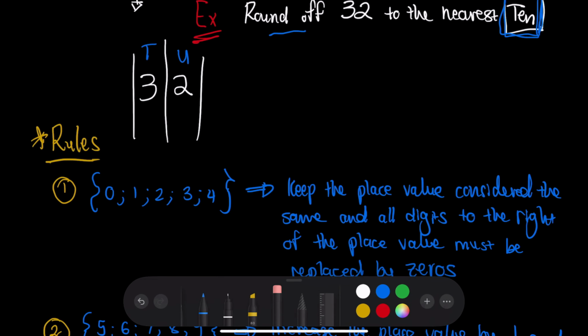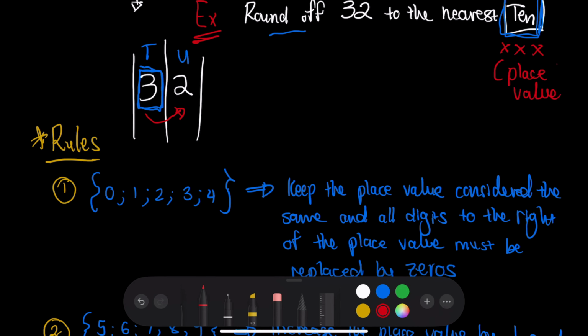Then I must look at my number and I must find the tens column. What's in my tens column? It's a 3. Whenever I'm rounding off, I must look to the right of my place value. So whatever the nearest XXX is, that will be the place value that you consider.